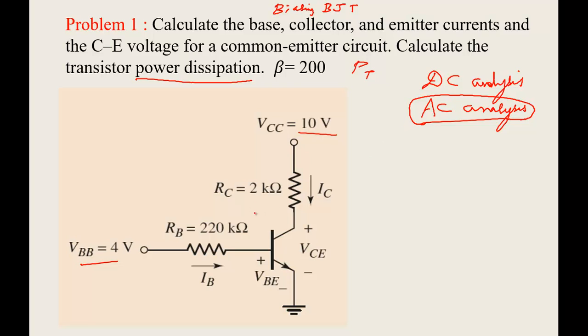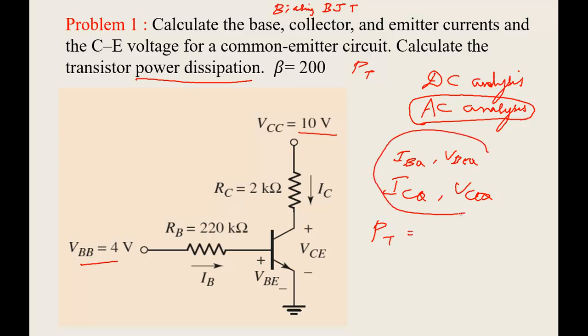Now in this case, all values are given to you. RC is given, RB is given. So we need to find out IBQ and VBEQ, and ICQ and VCEQ, and determine the power of the transistor, which both of these put together will be your power dissipation.